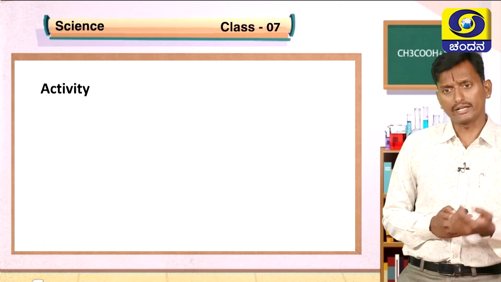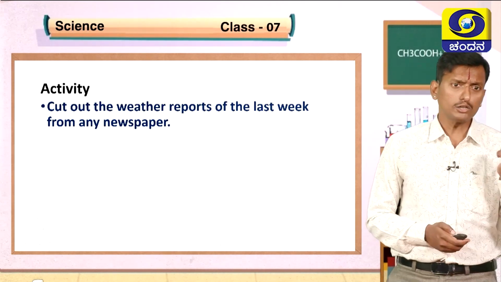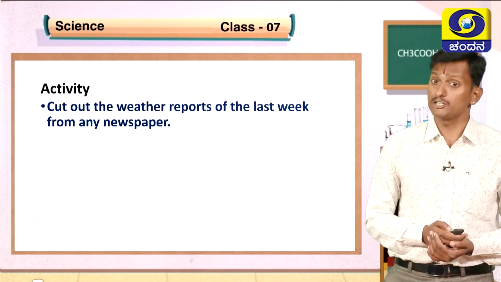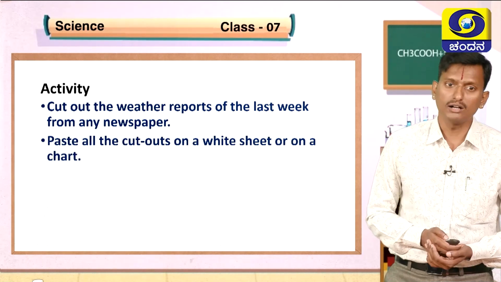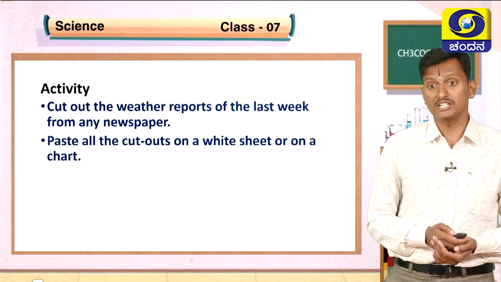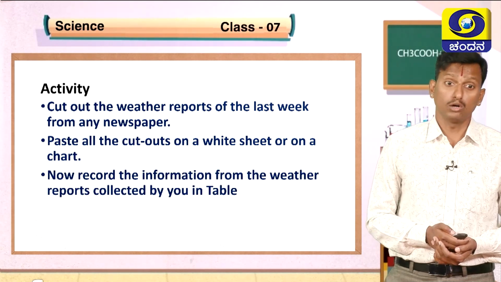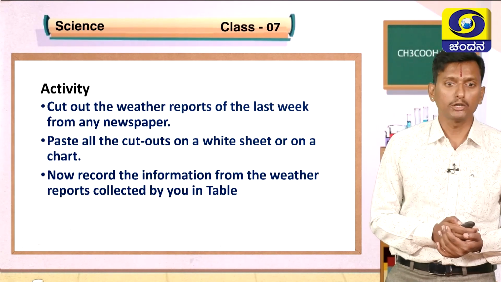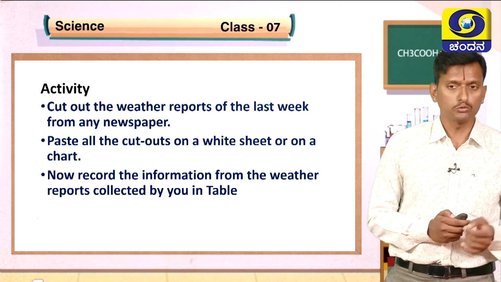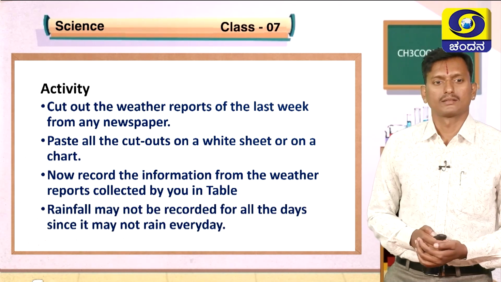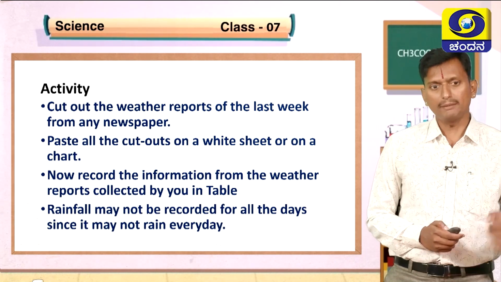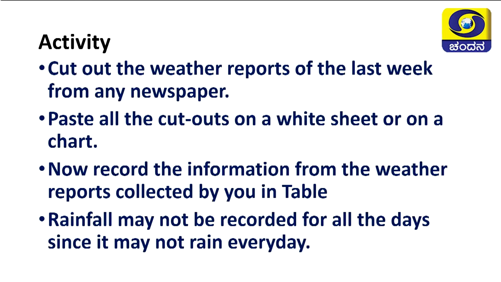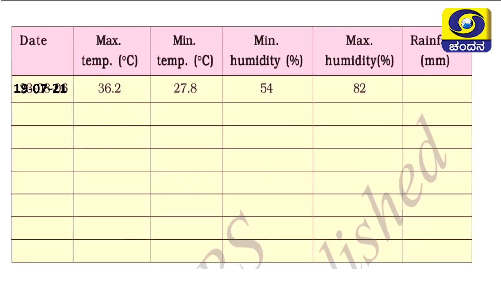Students, one activity for you: cut out the weather reports of the last week from any newspaper. Paste all the cutouts on a white sheet or on a chart. Now, record the information from the weather reports collected by you in the table which I am going to give you now. Keep in mind, rainfall may not be recorded for all the days because it does not rain every day. Isn't it? See here, a chart is given for you.